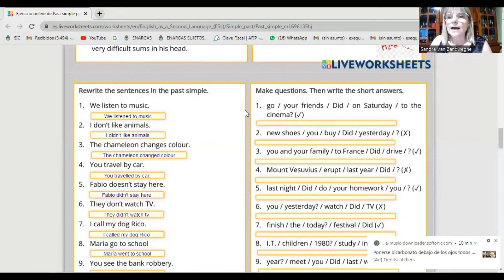Okay. Acá hay que ordenarlas. Hago algunas. A ver, did. Empieza con did, en mayúscula.